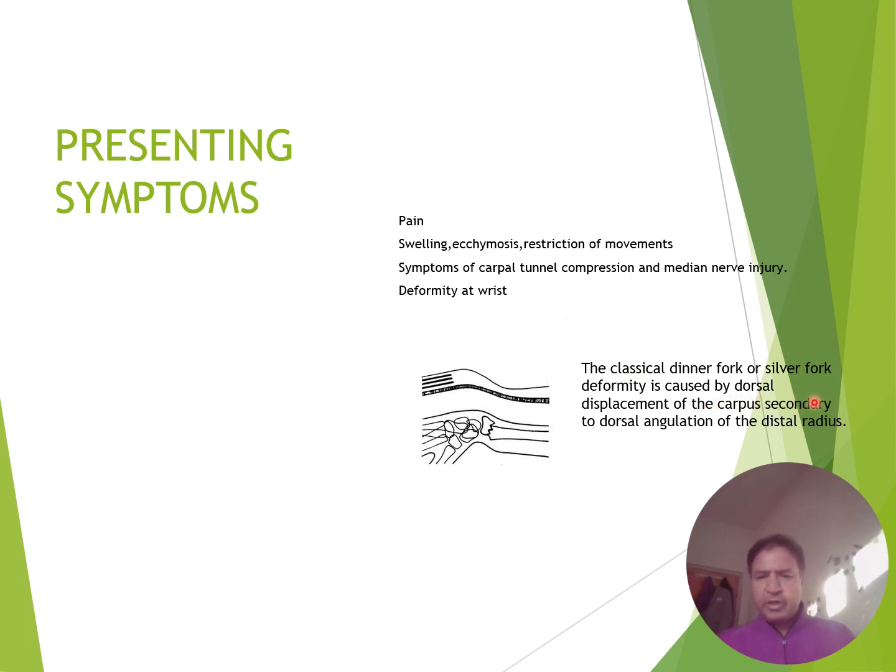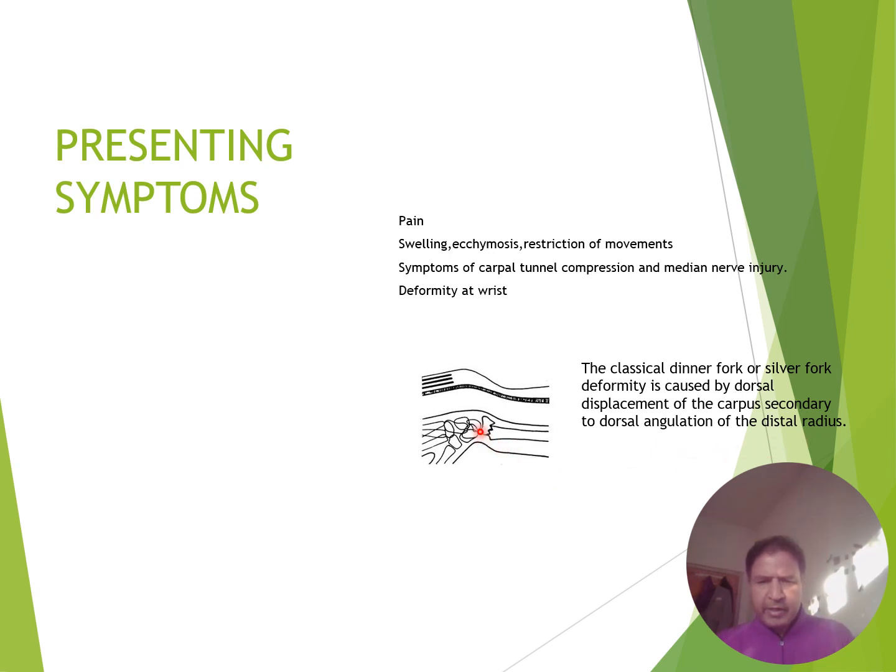The classical dinner fork or silver fork deformity is caused by dorsal displacement of the carpus, secondary to dorsal angulation of the distal radius.